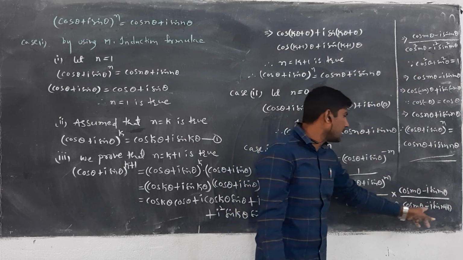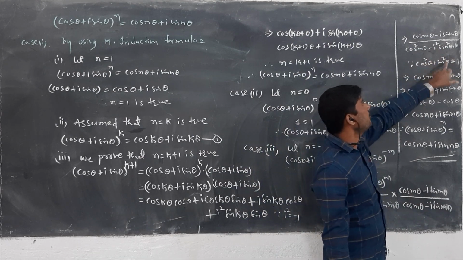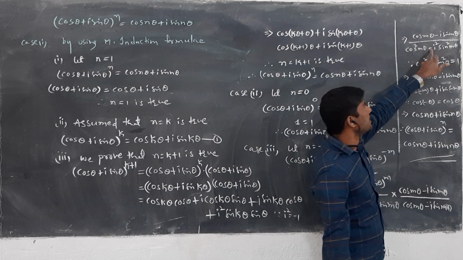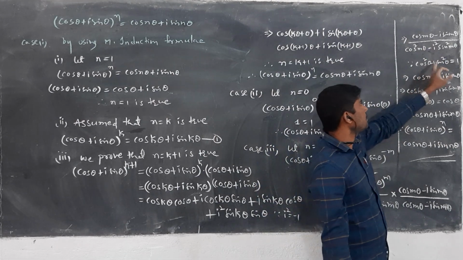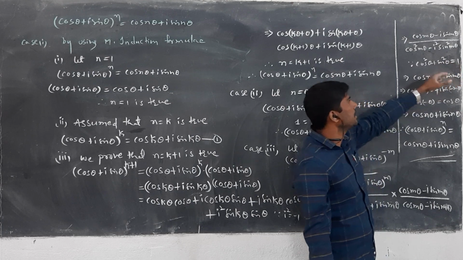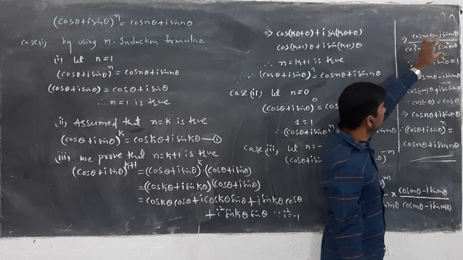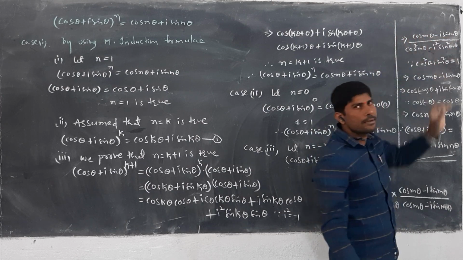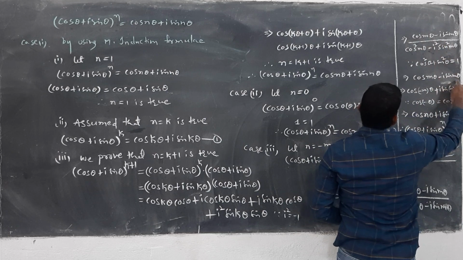(a plus b)(a minus b) is a square minus b square. Here, because i square is minus 1, minus into minus gives plus. By using the first trigonometric identity, sin square theta plus cos square theta is equal to 1, we substitute that value. So we get cos m theta minus i sin m theta.